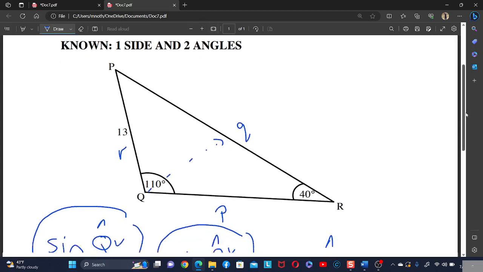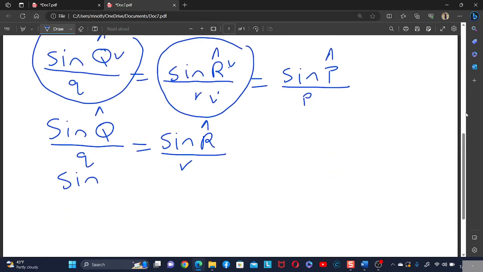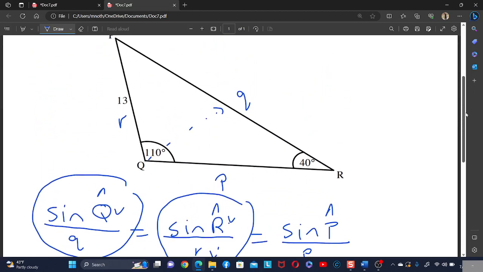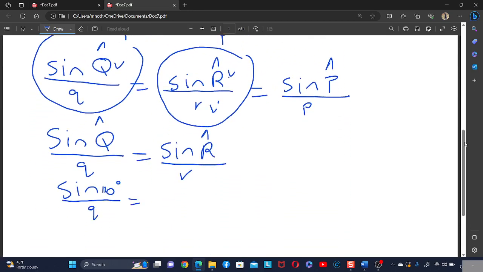Sine Q is sine 110 degrees all over Q, is equal to sine R, which is sine 40 degrees, all over R, which is 13.